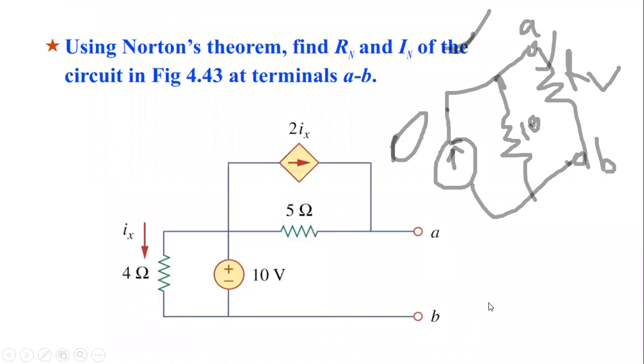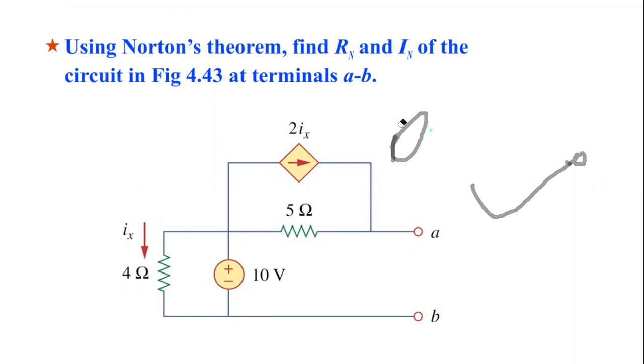Okay, next we will take one more problem which is having a dependent source. So now see carefully the case of a dependent source. We have already talked about this. For a dependent source, the main thing is we will not touch this dependent source. We cannot do anything with it.